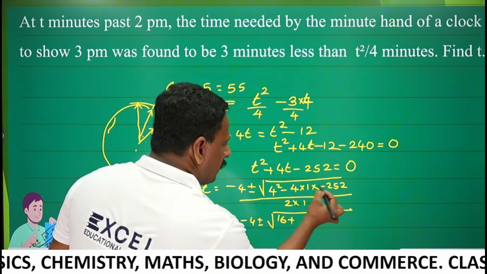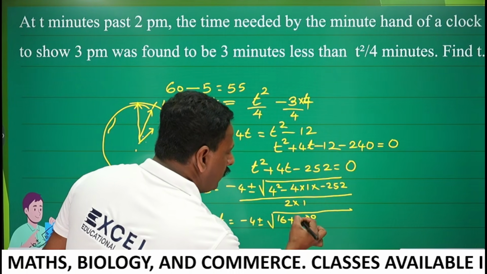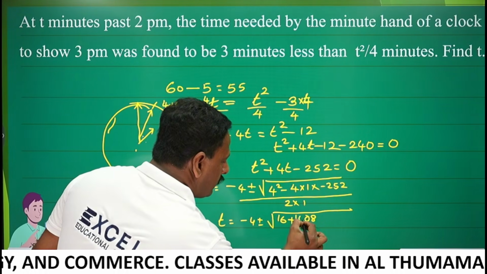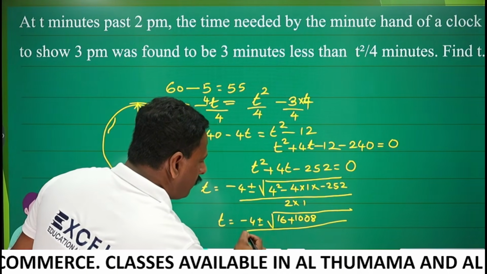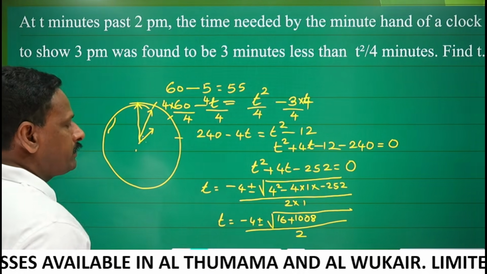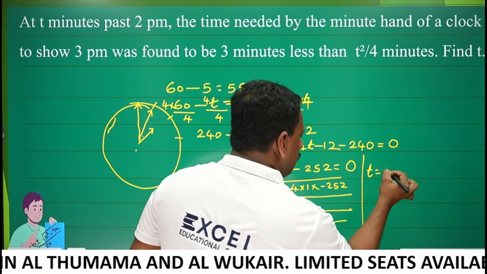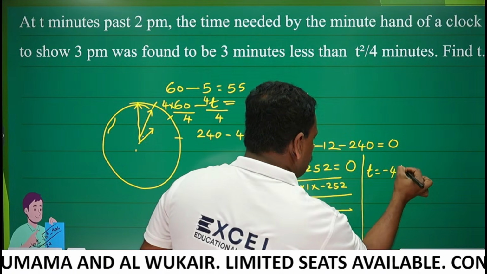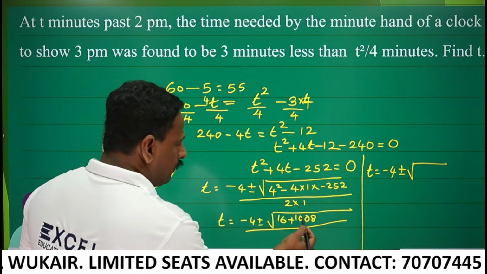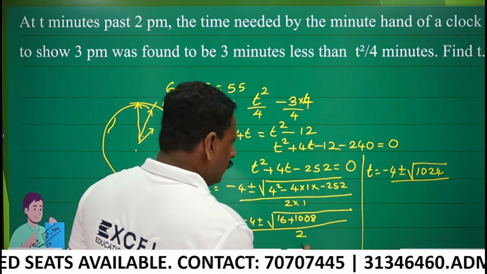When you multiply these two, 4 into 252 is 1008, 1008 plus 16 is 1024, divided by 2. So t equals negative 4 plus or minus root of 1024 divided by 2.